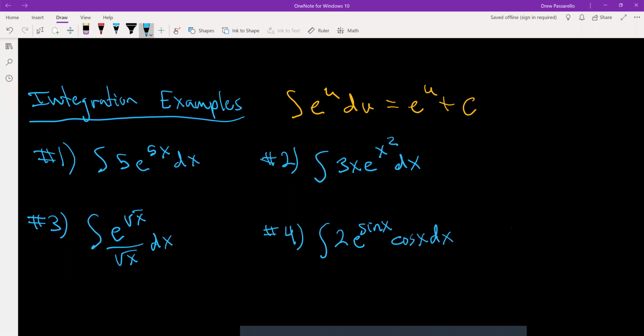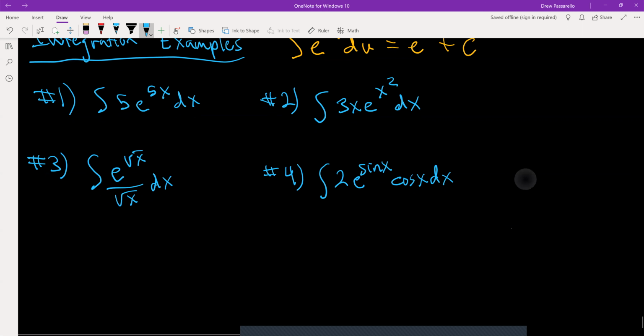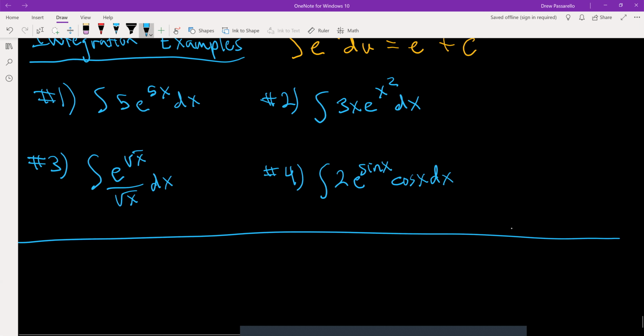All right, so now the integration examples. And recall the rule for integrating e to the u just becomes e to the u, and it just matters what you use for u. So number 1, you're integrating 5e to the 5x dx.